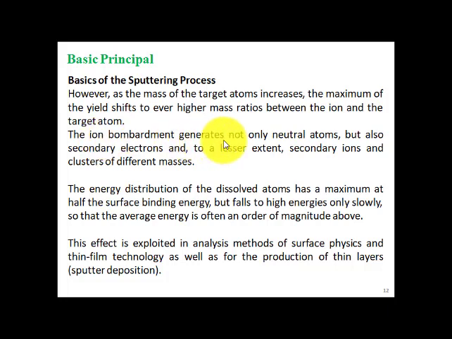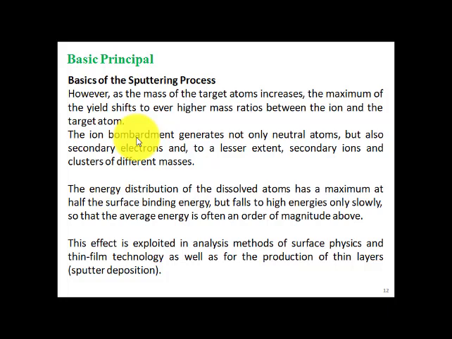The ion bombardment generates not only neutral atoms but also secondary electrons and, to a lesser extent, secondary ions and clusters of different masses. So the incident ions, when they strike the surface of the target material, eject neutral atoms.